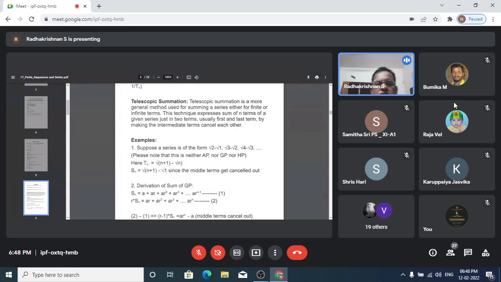When we sum them up, the middle terms will all get cancelled out and only the end term and the beginning term will remain. Say we have the series root 2 minus root 1, root 3 minus root 2, root 4 minus root 3, and we want to sum this series.